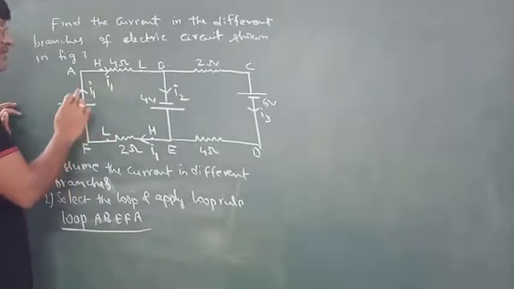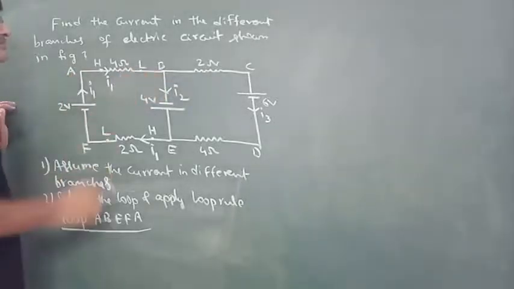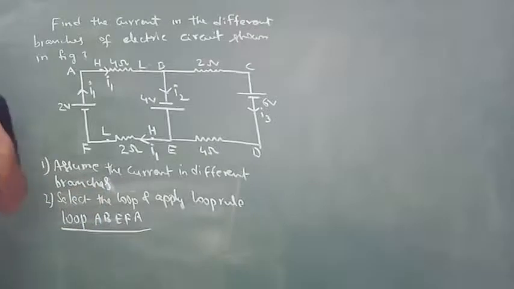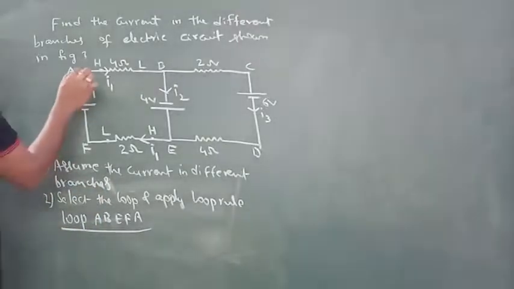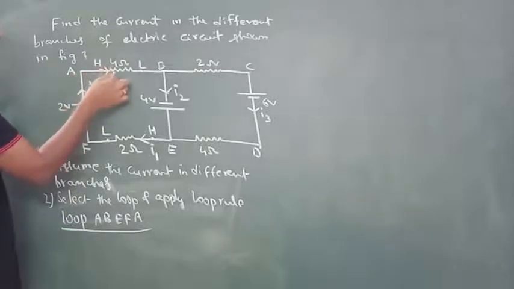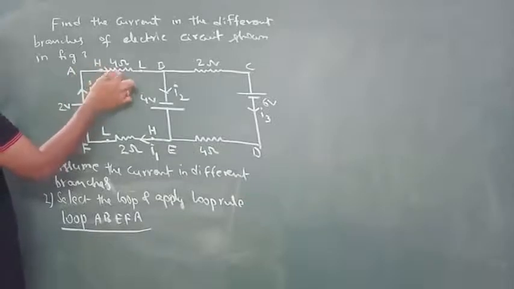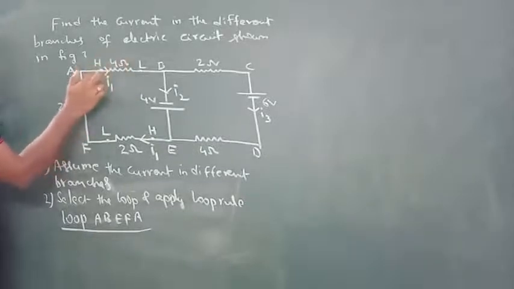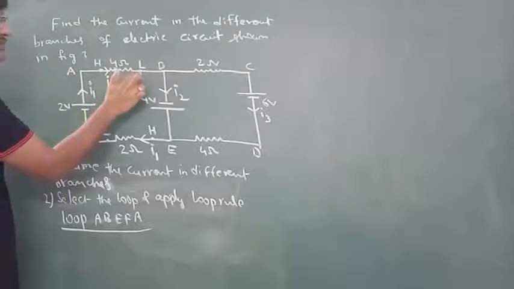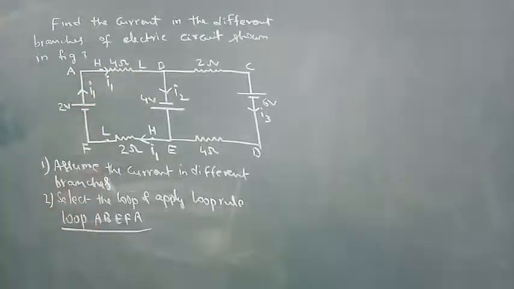Our assumed direction of current I1 in AB is from A to B. We know that current flows from higher potential to lower potential. So A is at higher potential. So mark the point H on the left side of this 4 ohm resistance and L on the right side of the same resistance 4 ohm.